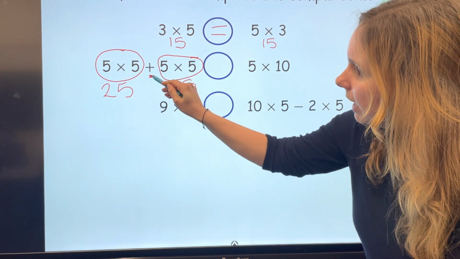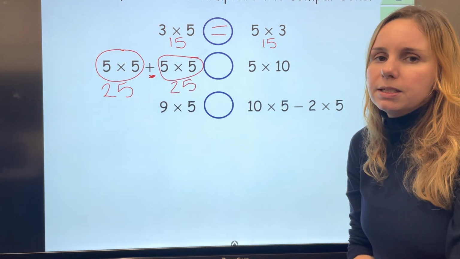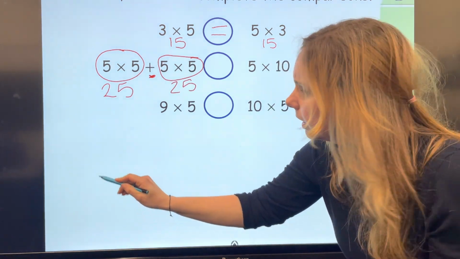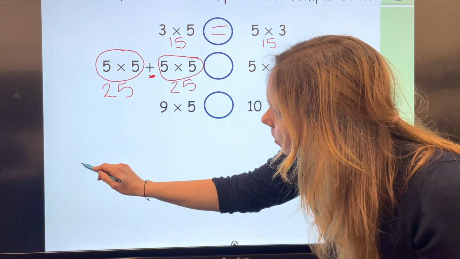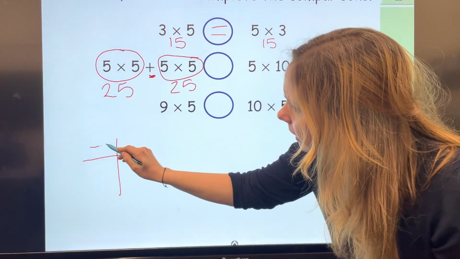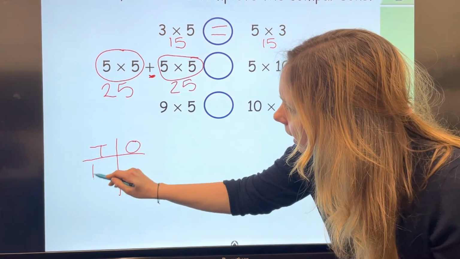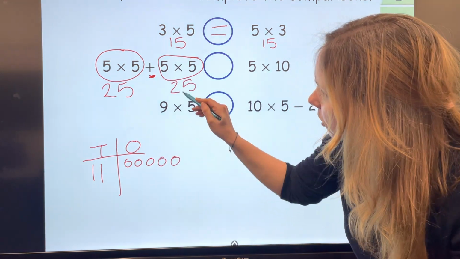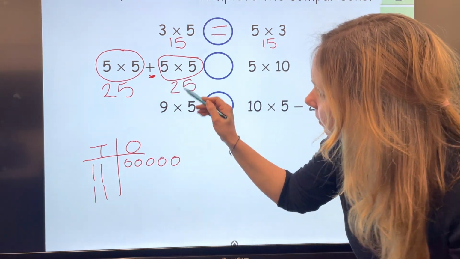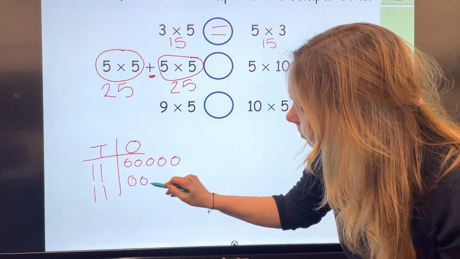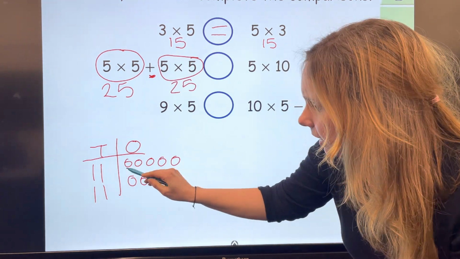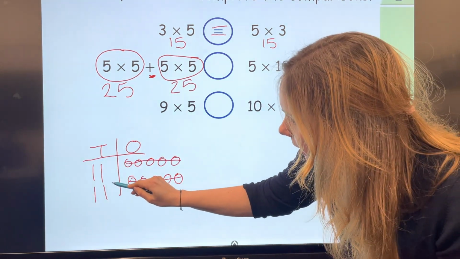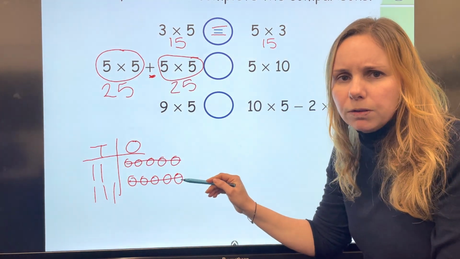Now, this symbol is telling me to add those 2 numbers together. Oh, right, 25 plus 25. I'm going to do a bit of working out. I know I've got 2 10s in 25, 5 1s, and I've got another 25, 2 10s, 5 1s, and I know my 5 and 5 make 10, so I'm going to put that 10 stick over here now, because I can't have 10 1s in a column.